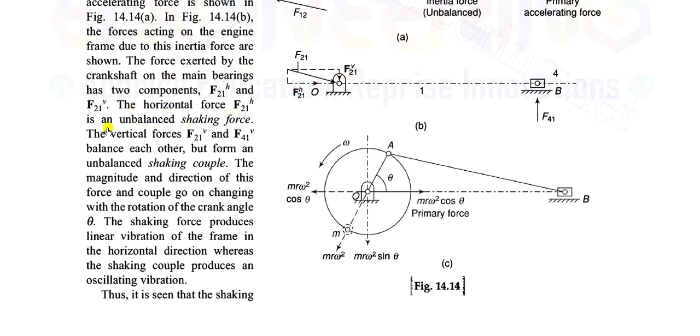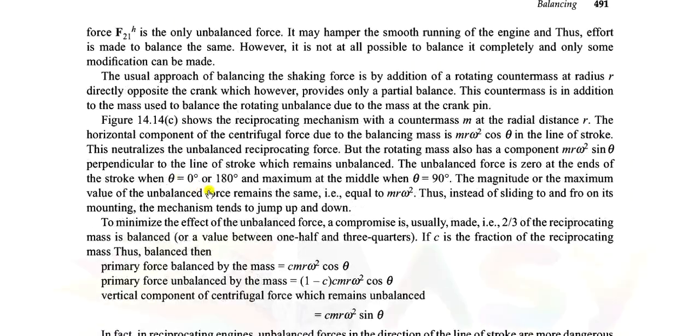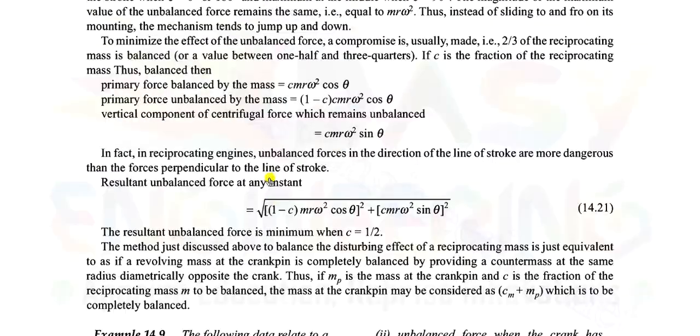The horizontal force F21H is an unbalanced shaking force, and the vertical forces F21V and F41V balance each other but form an unbalanced shaking couple. It will come later; we will come to all of this.